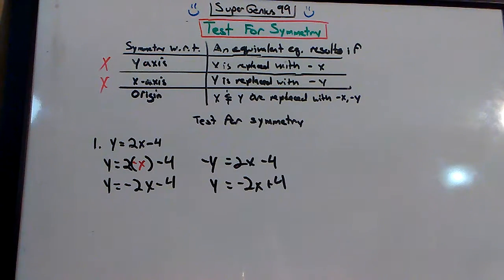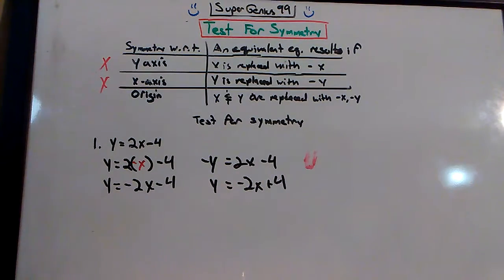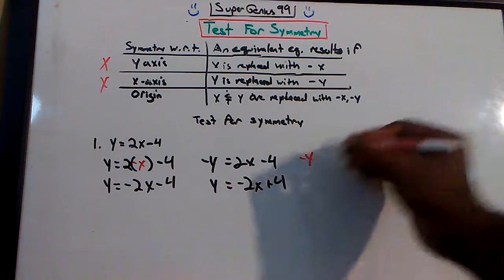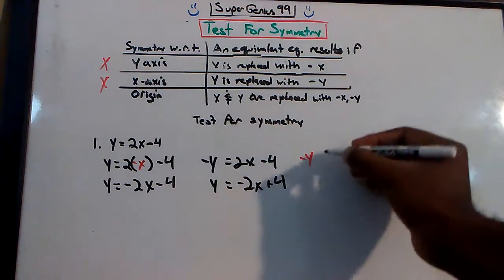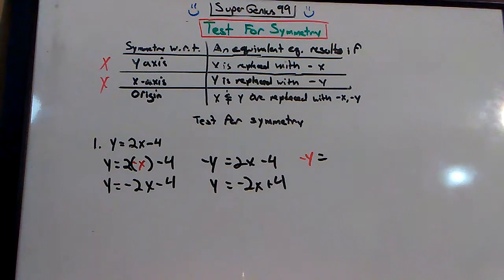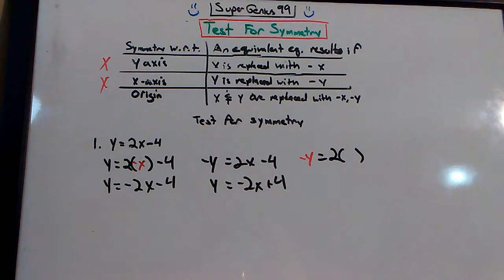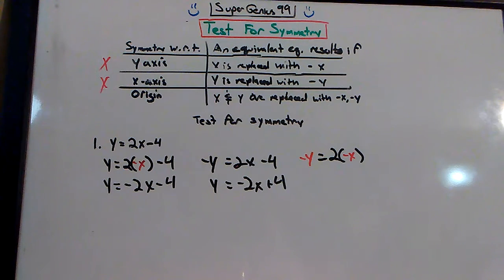So we'll have negative y equal to 2 times negative x minus 4.